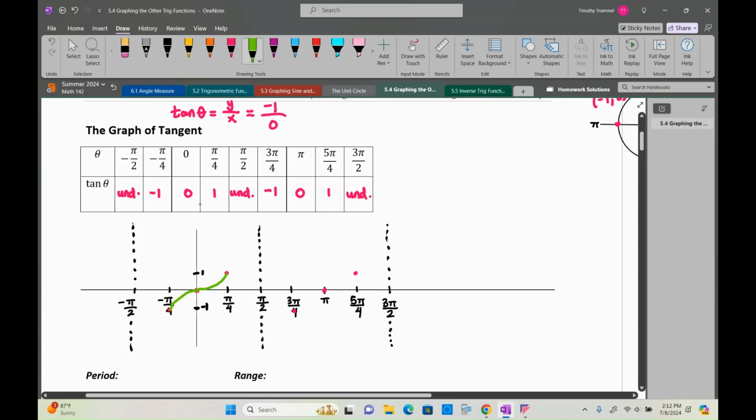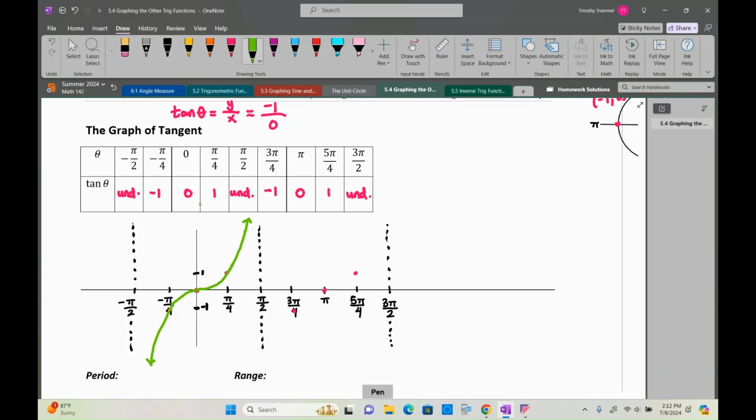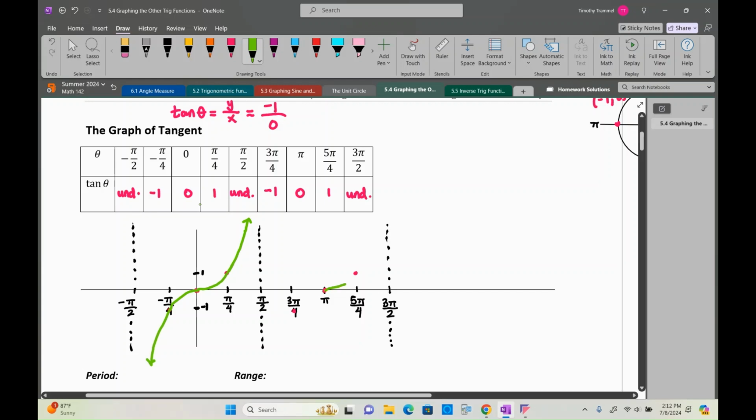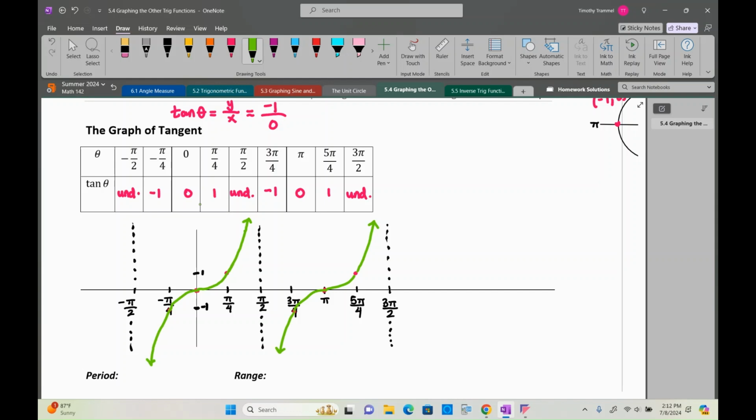I don't want that to look like a line. I want it to have some curvature to it. Okay. And so it looks something like this. Okay. And this just keeps repeating over and over and over again.